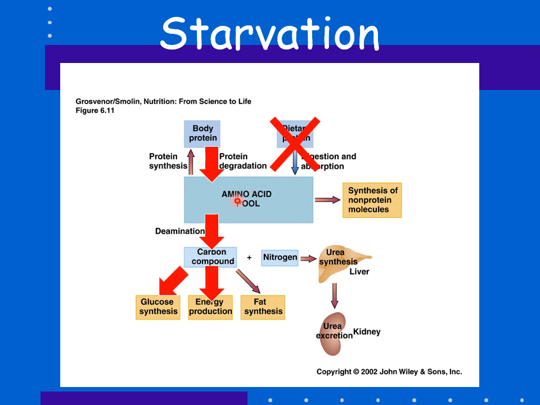So to replenish your amino acid pool, you have to increase your rate of protein degradation from your body protein. So it gets another big fat red arrow. And therefore you manage to maintain the size of your amino acid pool. But in effect, in this scenario, you would be in negative nitrogen balance.